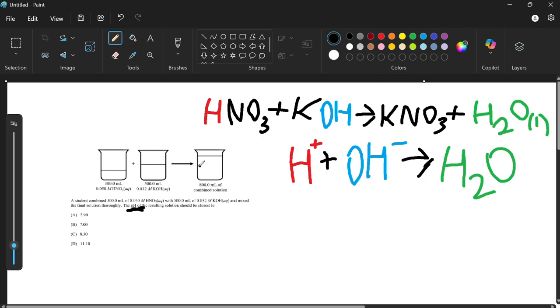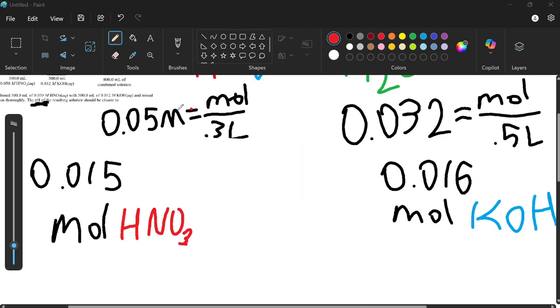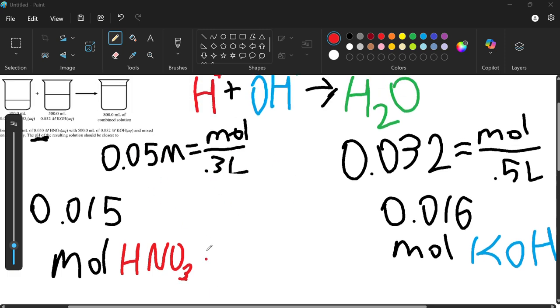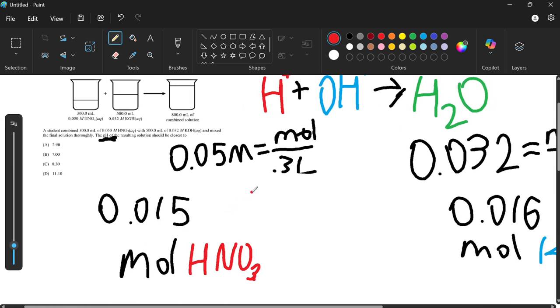And so let's do that. Using your volume and concentration given for each solution, you result in the moles being this. So make sure that you remember how to convert from concentration to moles using your liters. And remember to convert to liters and not keep them as milliliters as the problem has it.